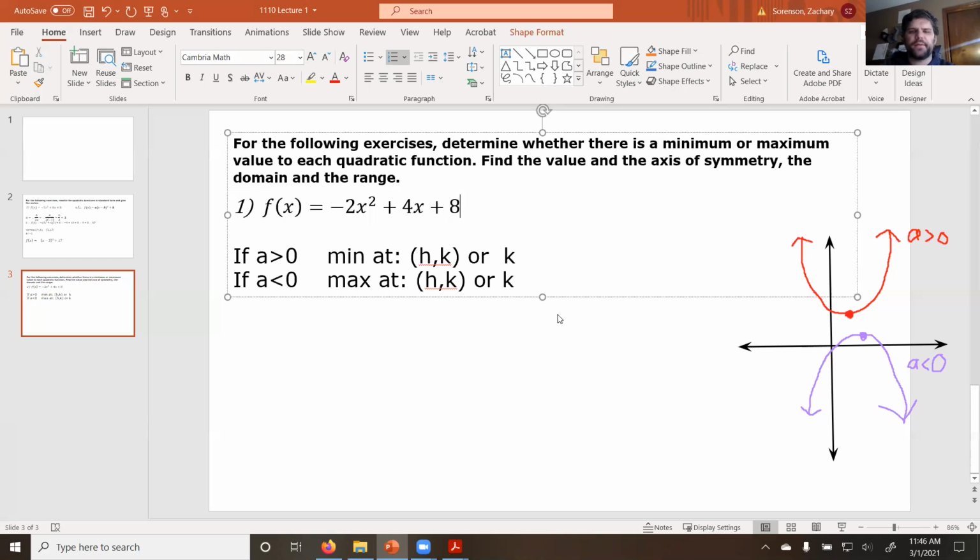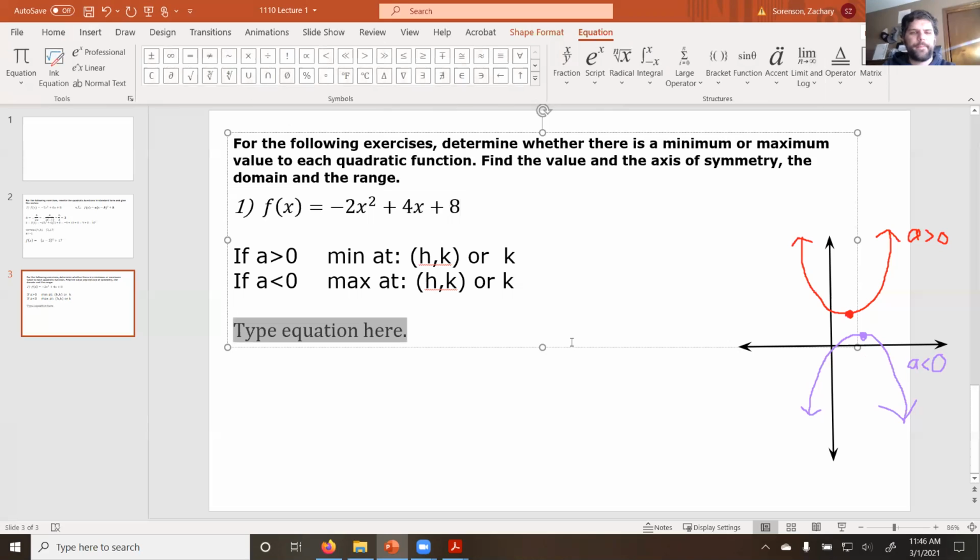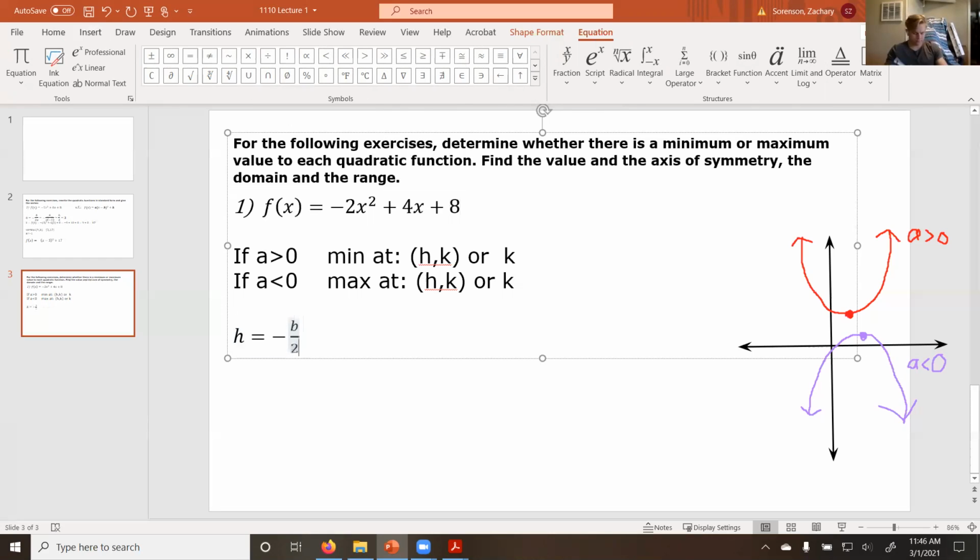So again, as practice, we have this function. Let's write that in vertex form. First step. I guess, what is my first step? h equals negative b over 2a. And my b is what? Positive 4. And my a is what?